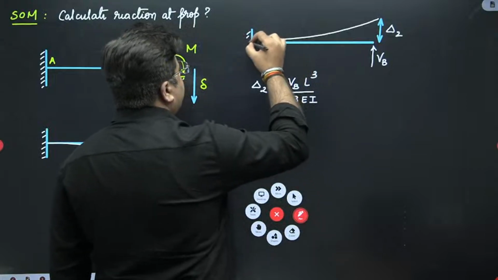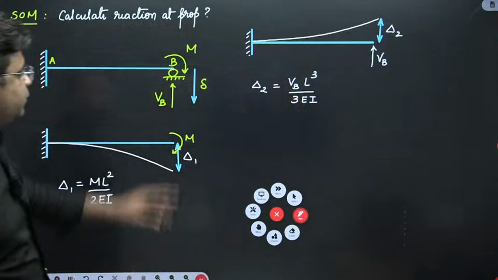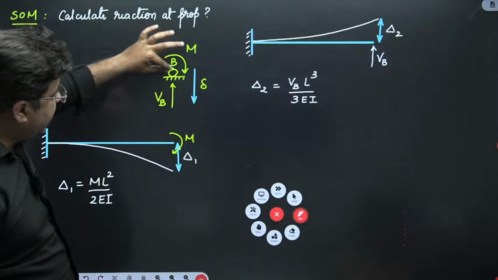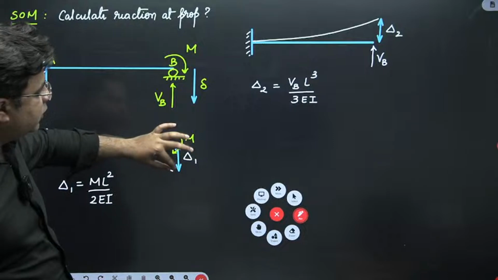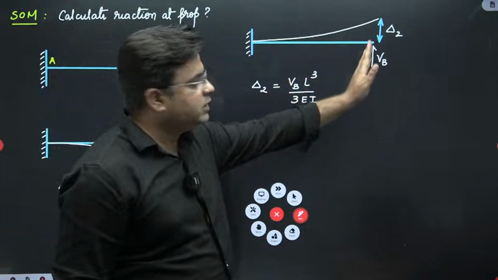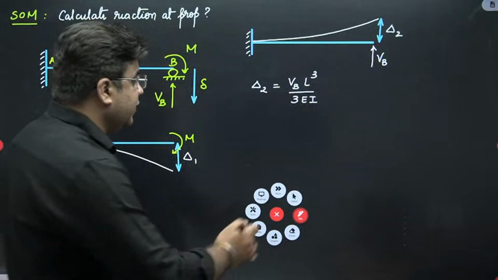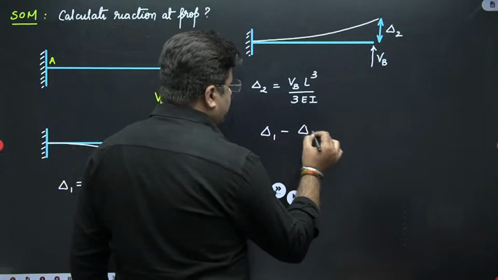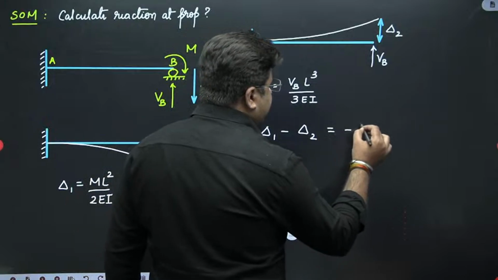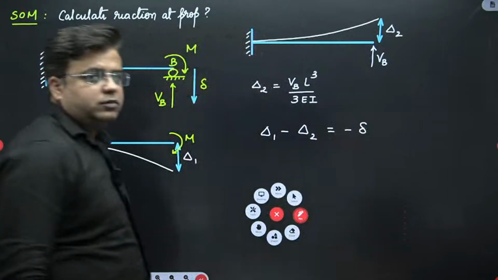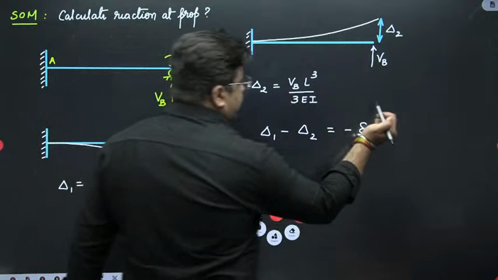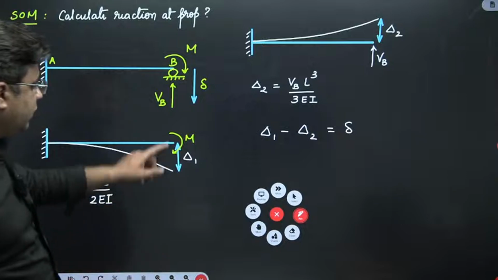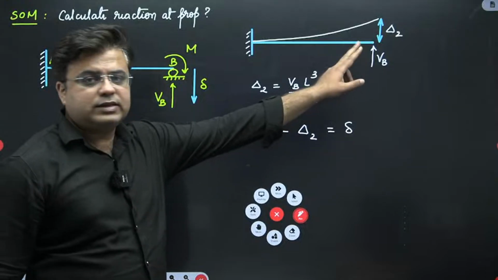Now when you observe this prop end, due to this moment M, the moment has a tendency to deflect the beam downwards, whereas this VB is deflecting the beam upwards. When you write down the principle of superposition, you will write delta 1 minus delta 2 is equal to delta, because this downward deflection is more than this upward deflection.